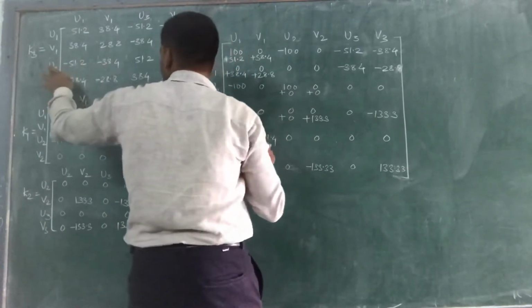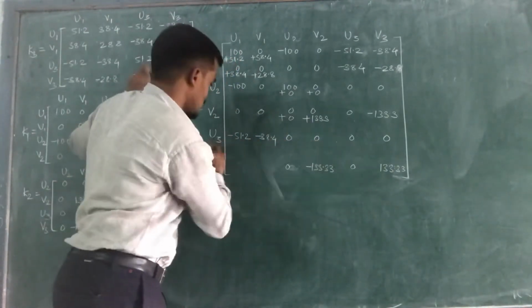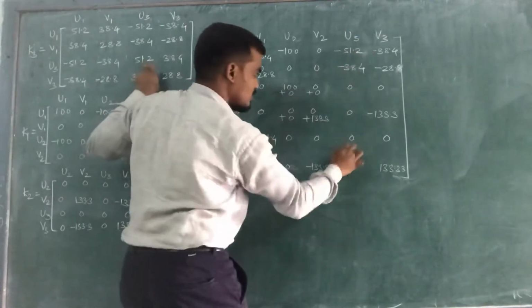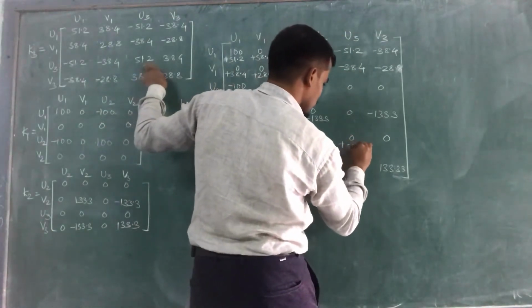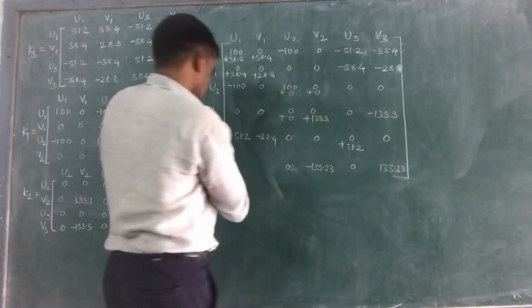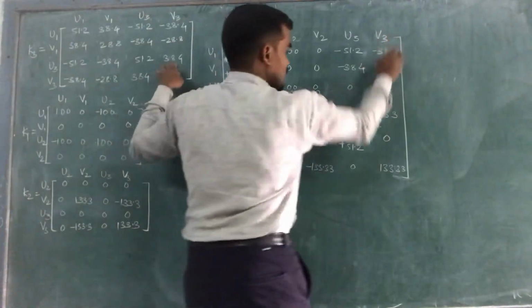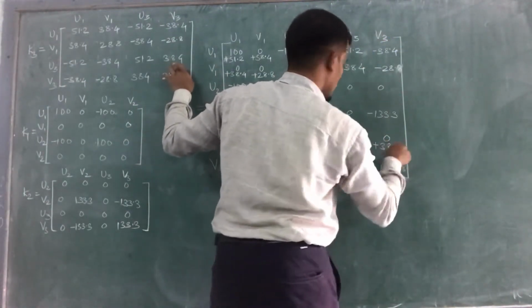Then U3 row, U3 column: 51 plus 51. Then U3 row, V3 column: 38.4 plus 38.4.